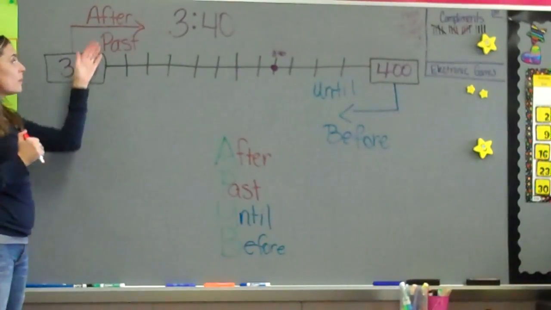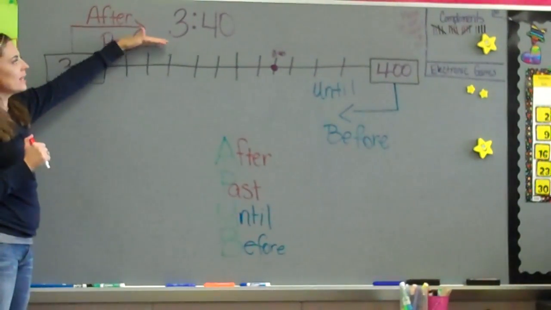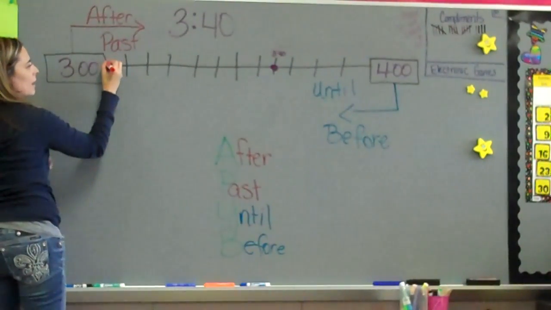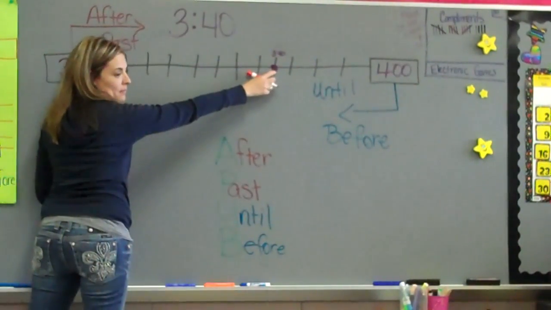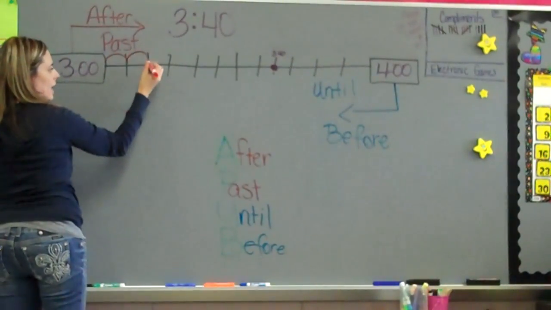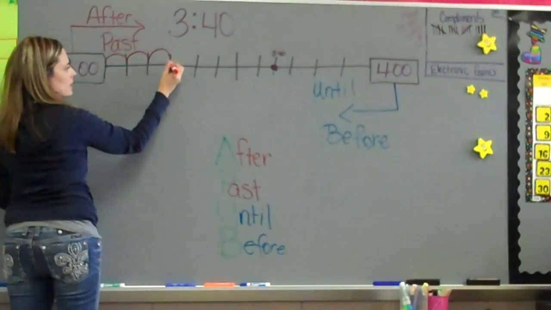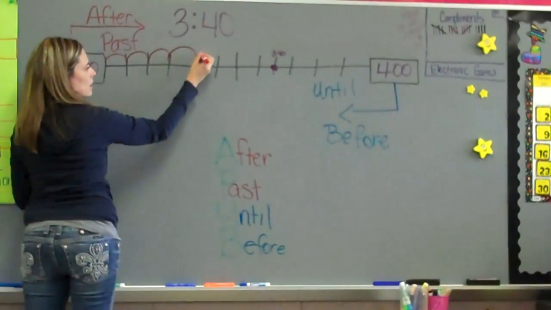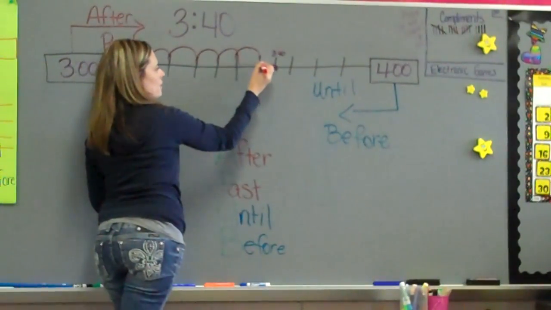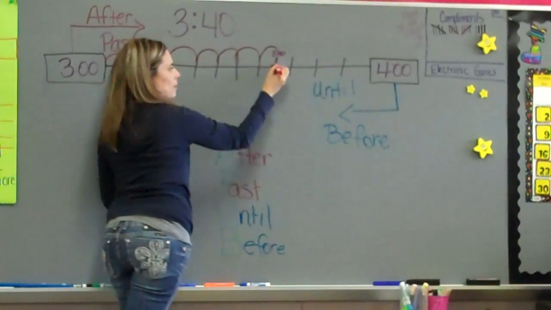When I count for after and past, I'm going to count on the top. So I'm going to start at my box, and I'm going to count until my time. 5, 10, 15, 20, 25, 30, 35, 40. How many minutes did I get?